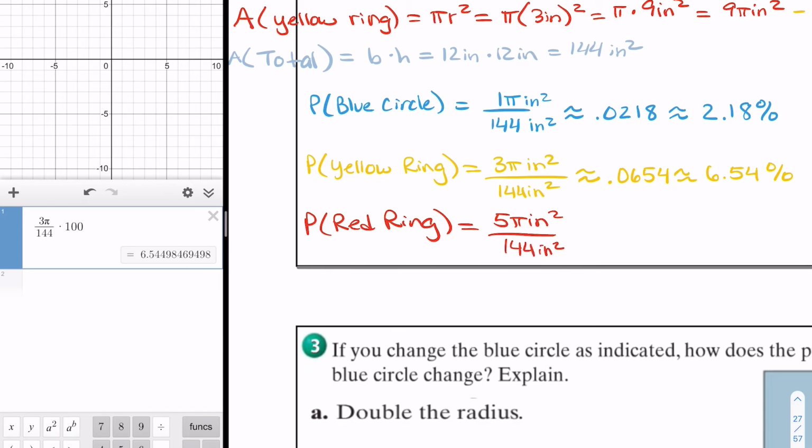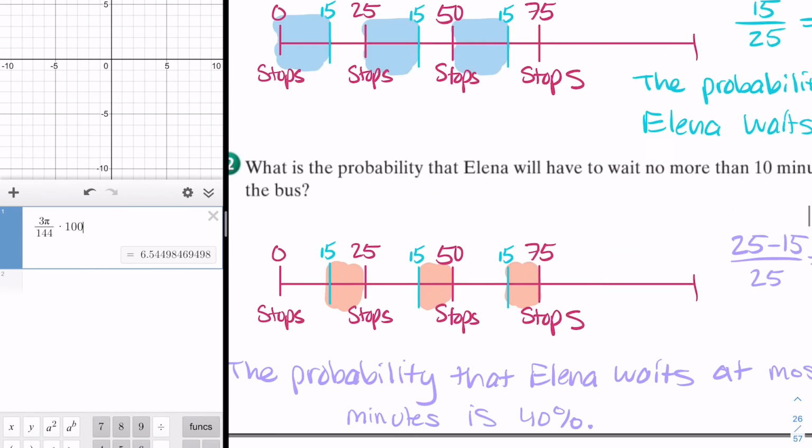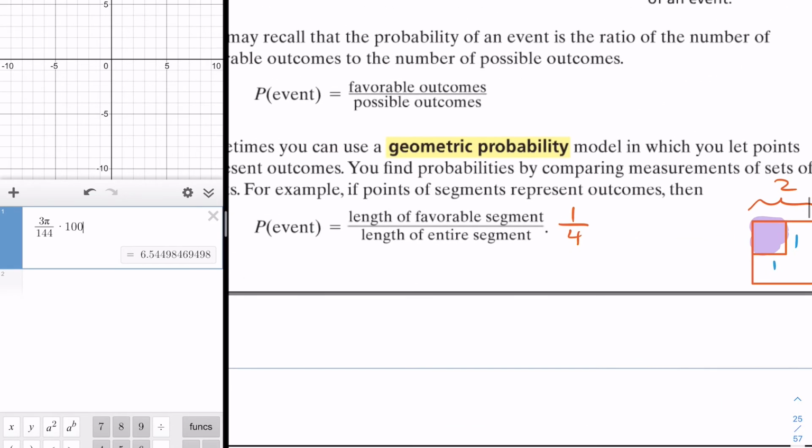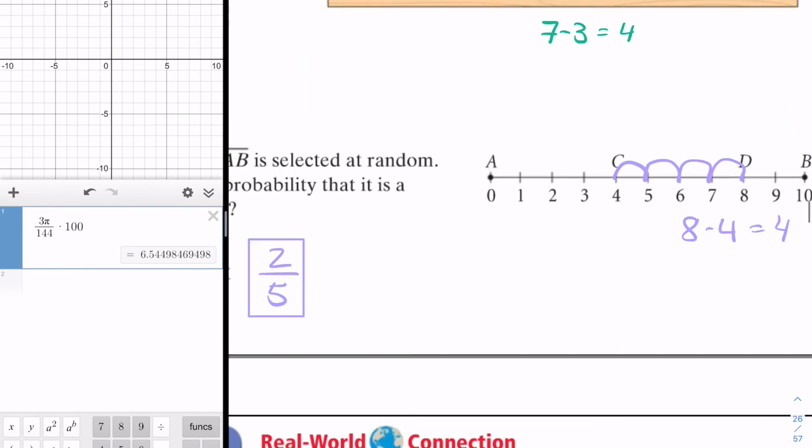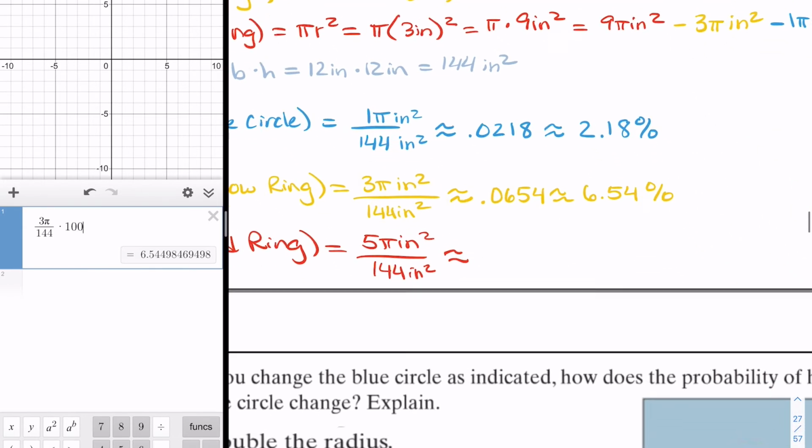So again, these are my areas over my total area. We're just following that geometric probability, which is the length or the area of the favorable segment over the total area.